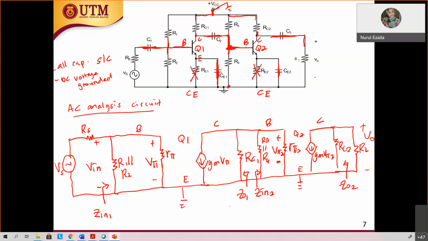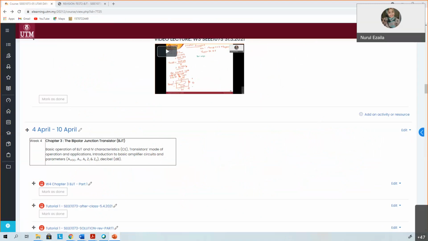So this is how the AC analysis circuit looks for the multi-stage RC coupled amplifier. Let's derive Z in 1, Z in 2, AV and everything. But before that, do you have any question? I need to copy this to the next slide. Give me time to screenshot here.